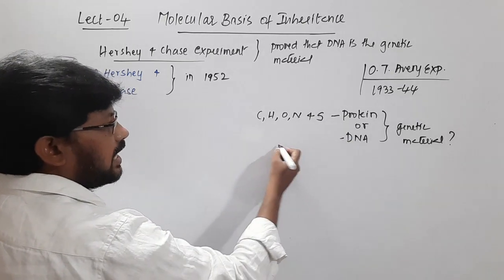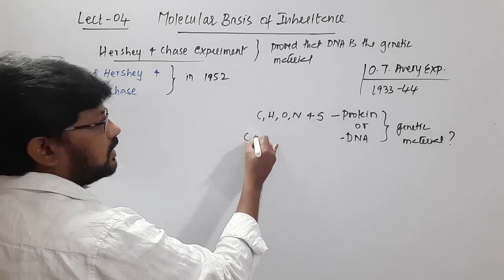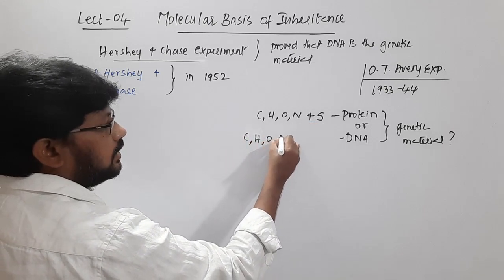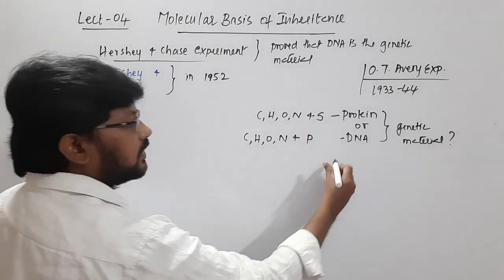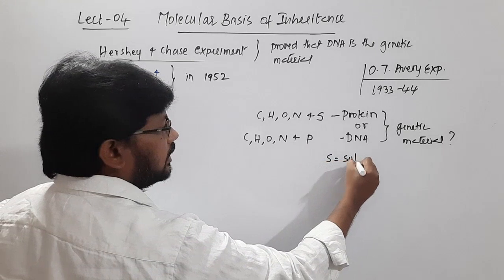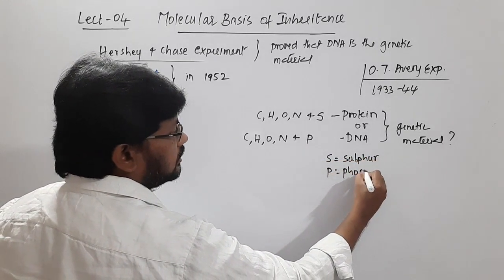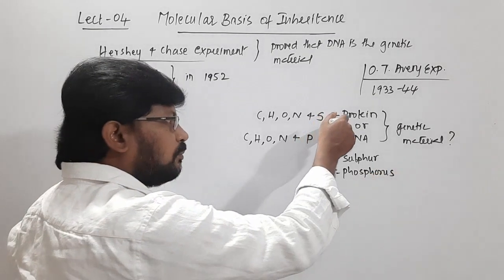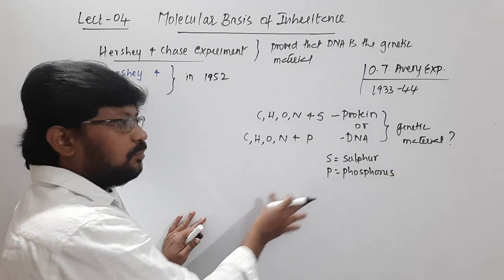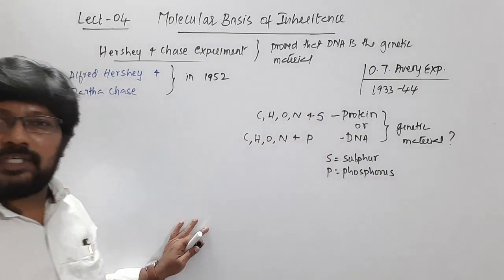Instead, it will have all the same components: carbon, hydrogen, oxygen, nitrogen, but instead of sulfur, it will have phosphorus. So S here is sulfur and P is phosphorus. There is no protein that contains phosphorus and no DNA will have sulfur.